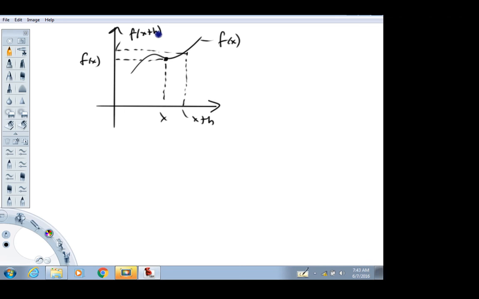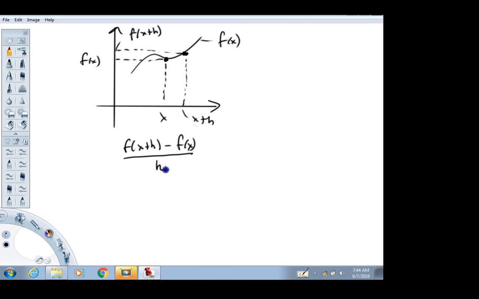The slope of this line between these 2 points is at the heart of where the derivative comes from. So that's equal to f of x plus h minus f of x, divided by x2 minus x1. And again, when we take this x value and subtract this, we just get h.